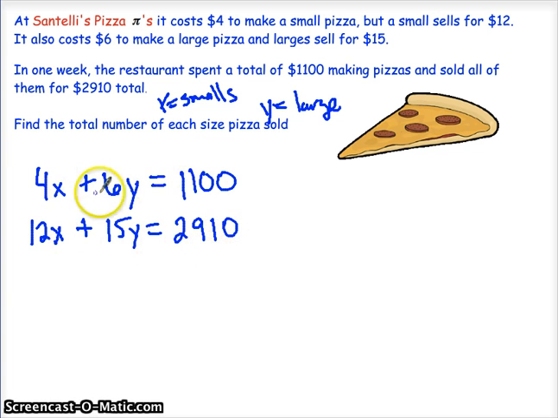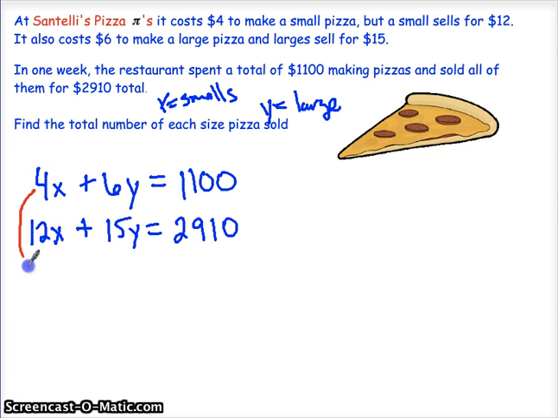So now we can take a good look at our equations and decide, should we use substitution, elimination, or we could even use graphing if we wanted to. I tend to use graphing more as a way to check my answers, but you could always use it as your first resort. I notice though that 4 and 12 are pretty relatable.